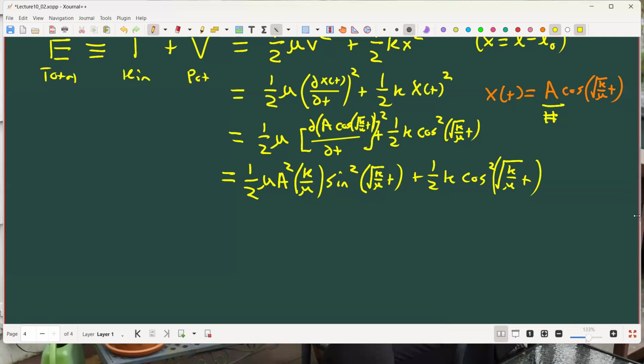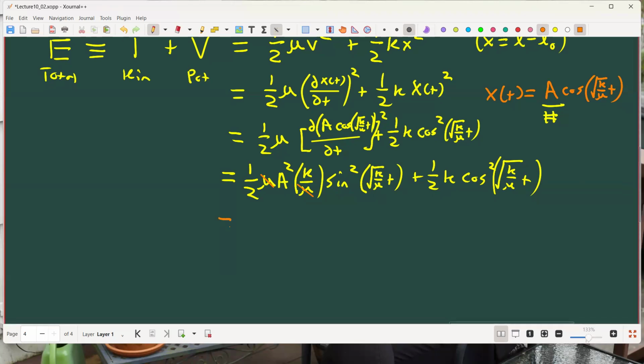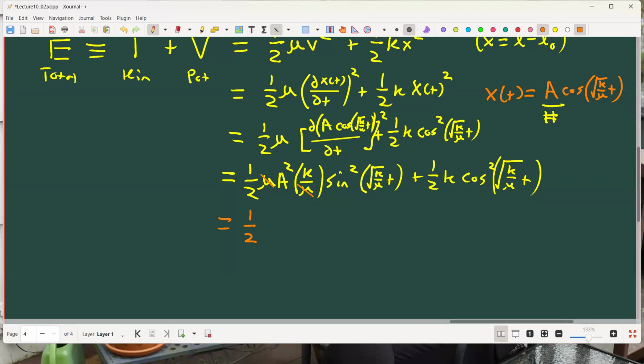I could do some simplifications here. If you see the mu's, the mu's cancel out here. And I'm left with 1/2. Sorry, I missed a factor of a squared here. There's an a squared in there.